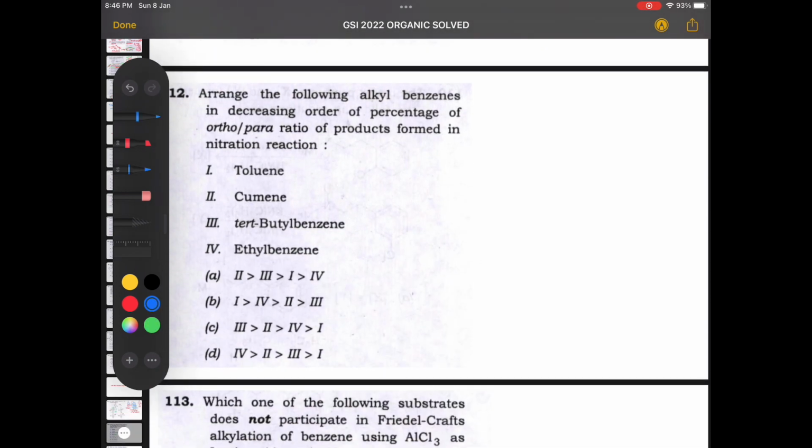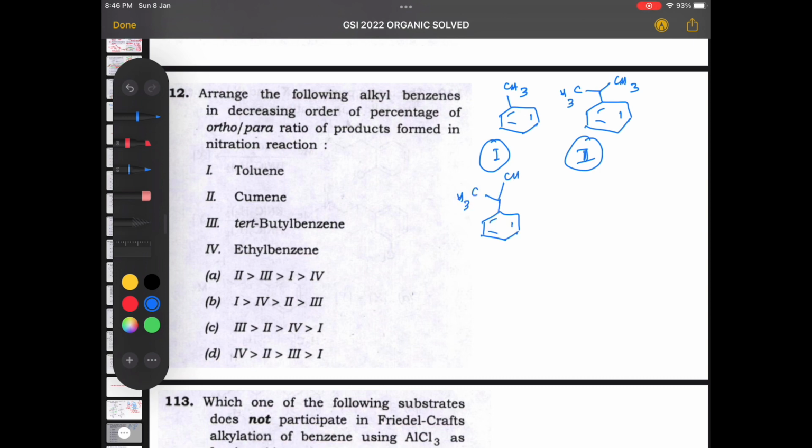This is a very interesting question. They are asking us to find the decreasing order of the ortho/para ratio of products. So the highest ortho/para ratio product should be first. Let us first draw all the compounds 1, 2, 3 and 4. As you can understand, toluene, cumene, tertiary butyl benzene, and fourth is ethyl benzene.